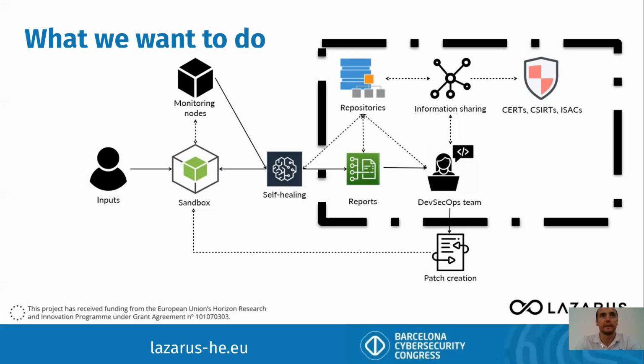And then all the detections and information that we detect and report would go back to the repositories, either as a bug report or as an issue for further tracking.